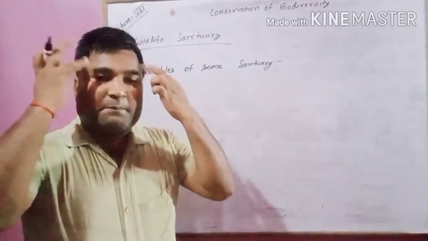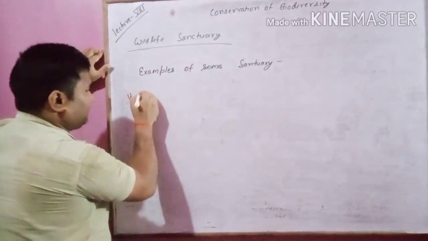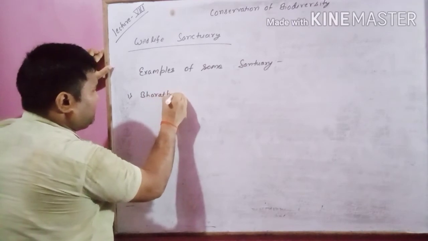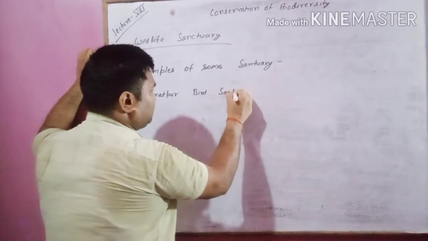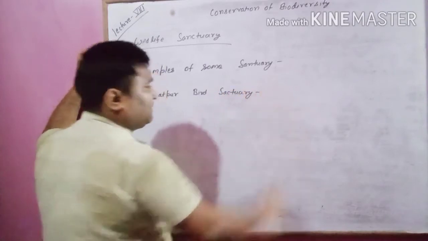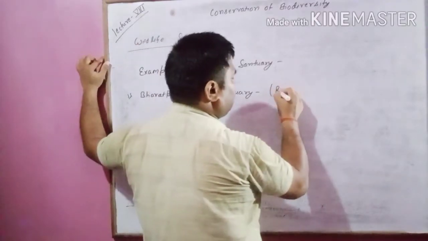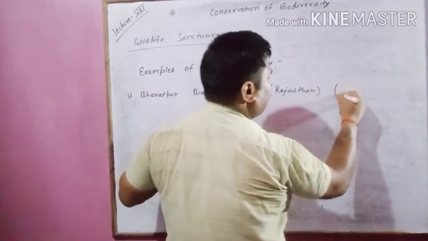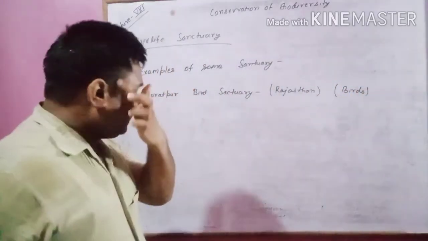So, examples of some wildlife sanctuaries. First is Bharatpur Bird Sanctuary. This is in Rajasthan, and it is for birds, as it says bird sanctuary.